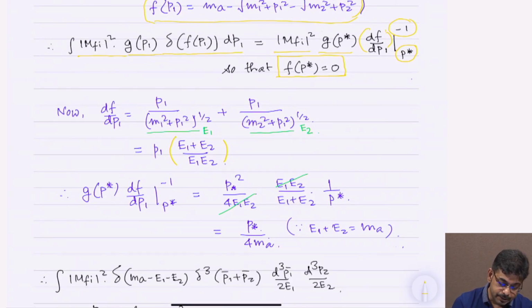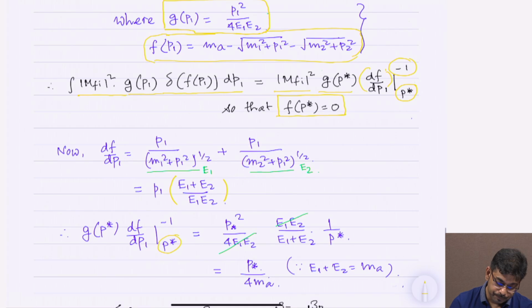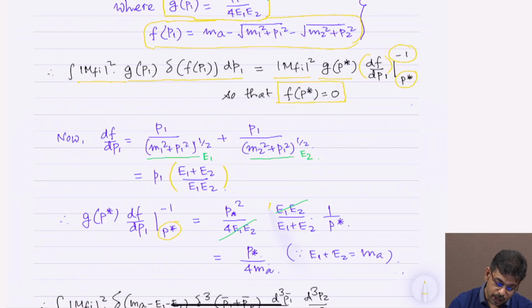Now, let us get back to this expression, g(p*) times df/dp1 evaluated at p* to the power minus 1. What will happen to this? This g(p*) is p*²/(4E1E2), and df/dp1, if you take the inverse of it at p*, becomes E1E2/(E1 plus E2) times 1/p*, where p1 is evaluated at p*.